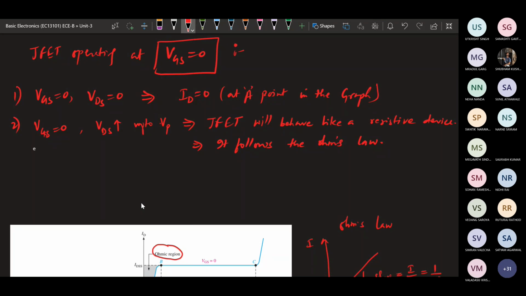It will be following Ohm's law, and the curve ID versus VDS will be a linear curve.